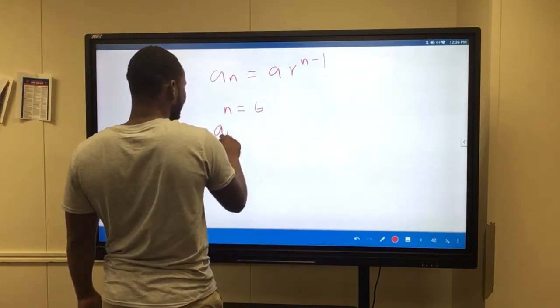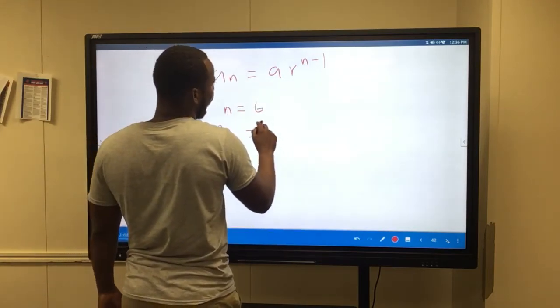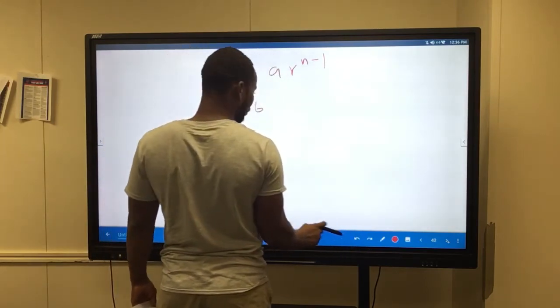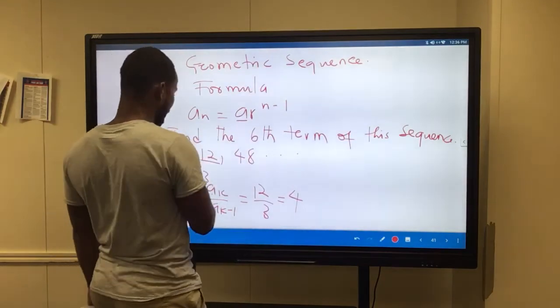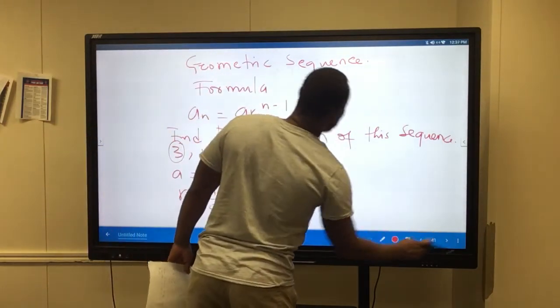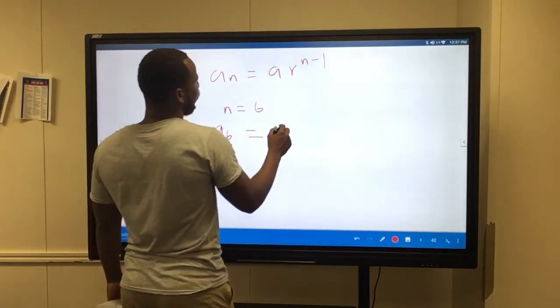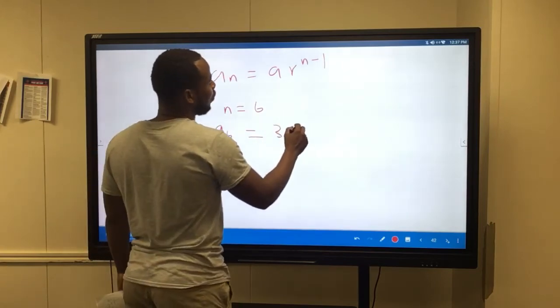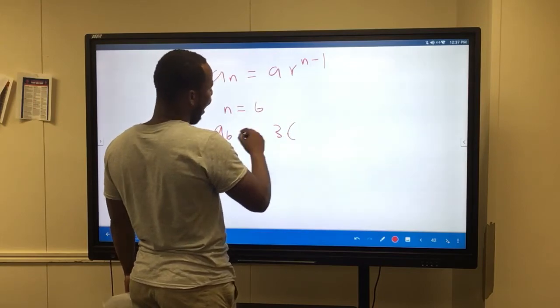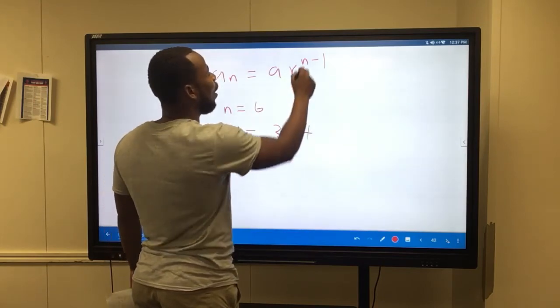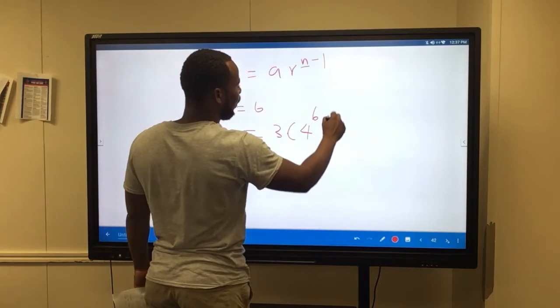So a_6 will be equal to, what's the first term? Our first term was actually 3. And the common ratio is 4. So we have 3 times, you can even put it into brackets, 3 times r, which is 4, with n being 6 minus 1.